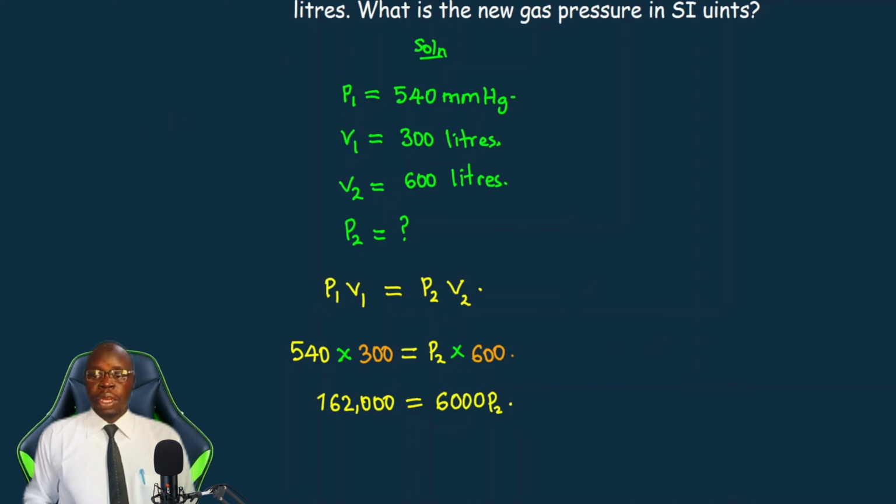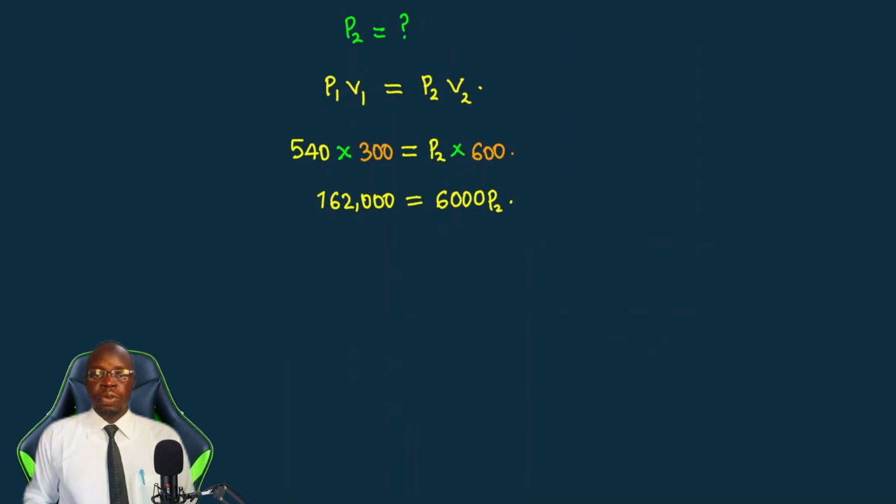And again, I always like my unknown to be on the left-hand side. So 600 P2, maybe let me use a different color here, equals 162,000. So let's go ahead and divide both sides by 600.